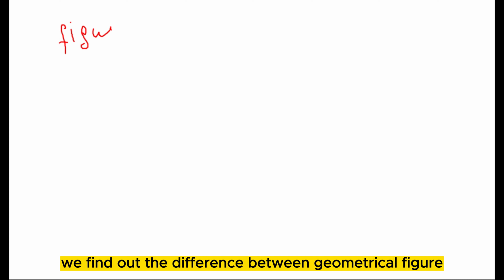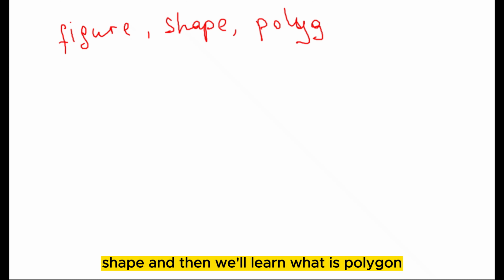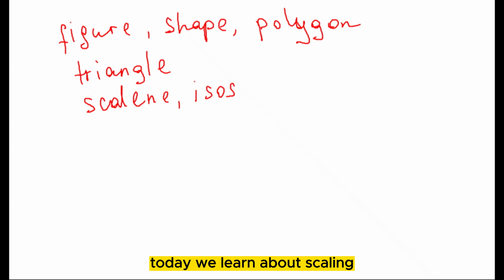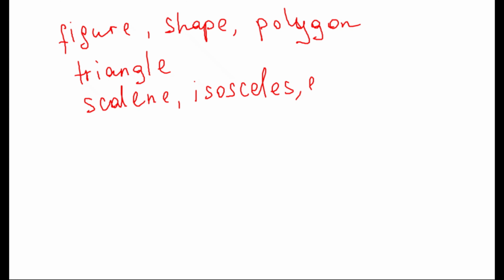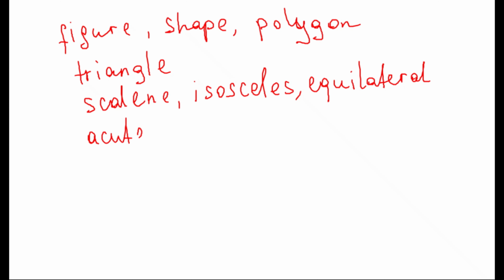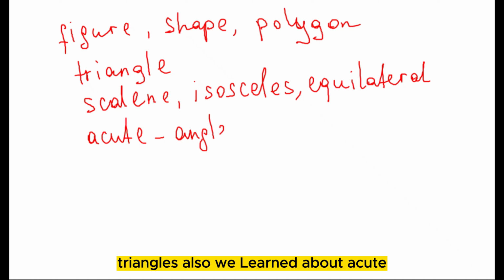About interesting things in geometry, we will find out the difference between a geometrical figure and a shape, and then we'll learn what a polygon is. So we talked about triangles today. We learned about scalene, isosceles, and equilateral triangles.